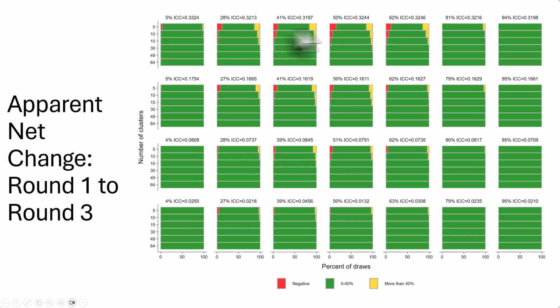We can see about 10% of the changes up here are negative. And then if it appears to have improved by more than 40%, that's twice the true change. I'm calling that misleading in another way, and we've colored it yellow. And again, with an ICC of 1/3 and coverage in the middle, we see maybe 10% of the outcomes are misleading in one direction and 10% of the outcomes are misleading in the other direction.